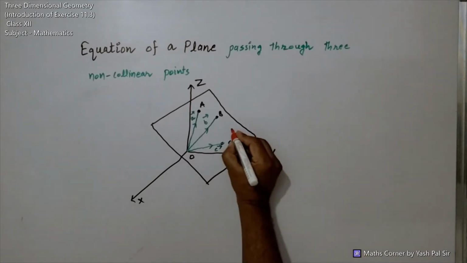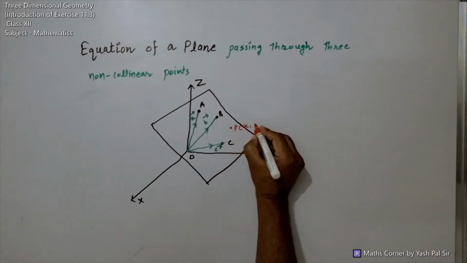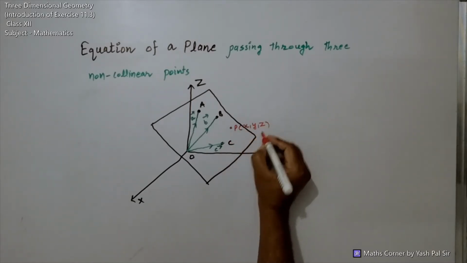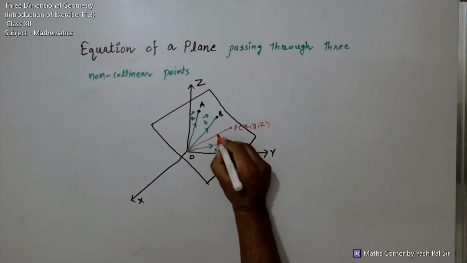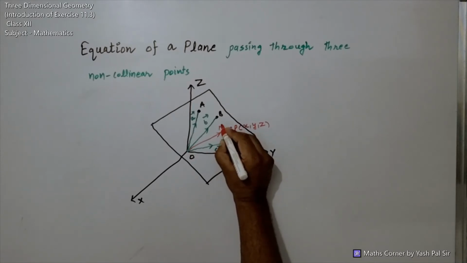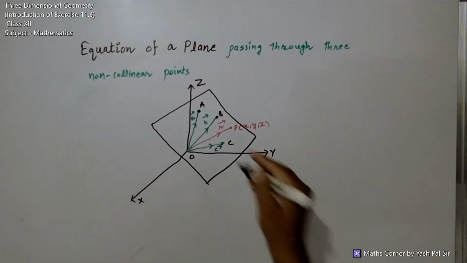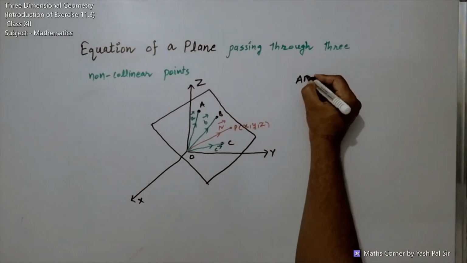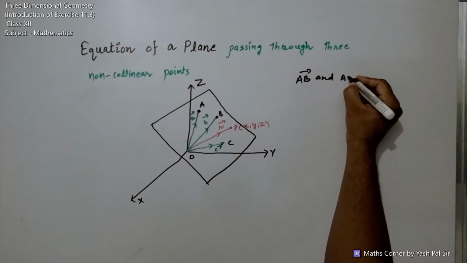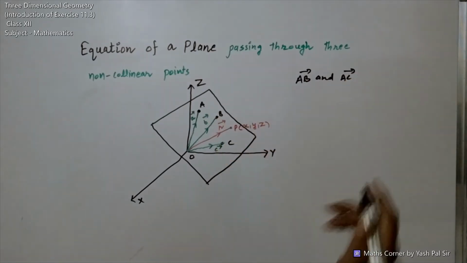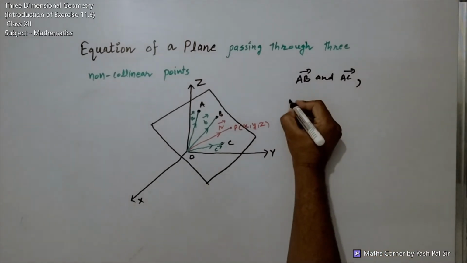Again we consider any point P having the coordinates x, y, z. So the position vector of OP is vector R, right? Now we see that vector AB and vector AC lie on the plane, right?